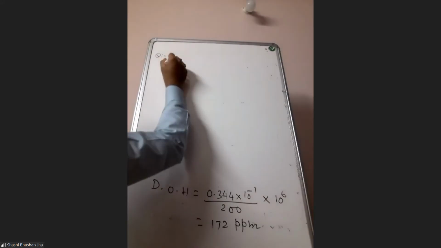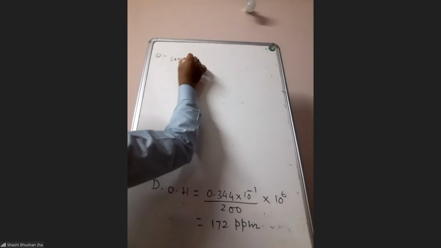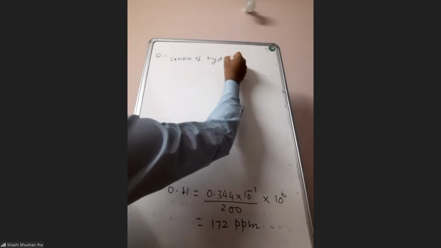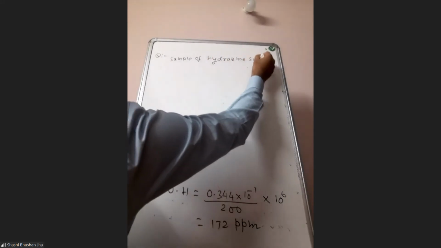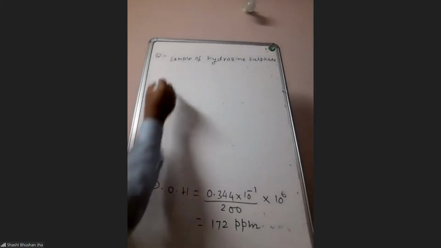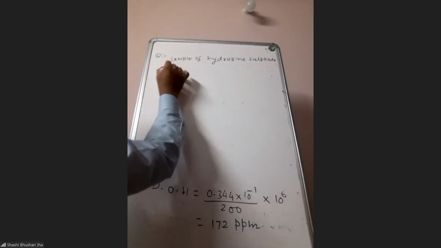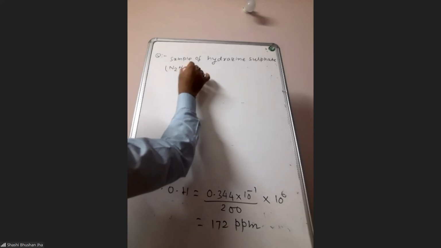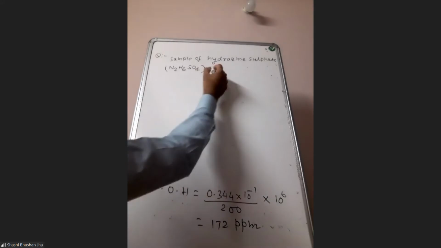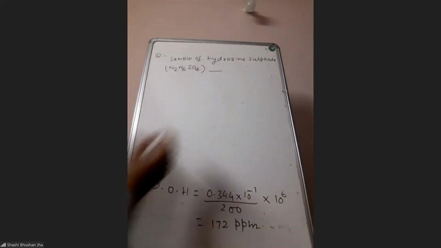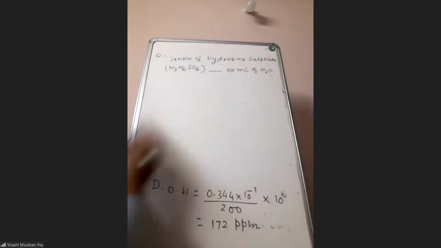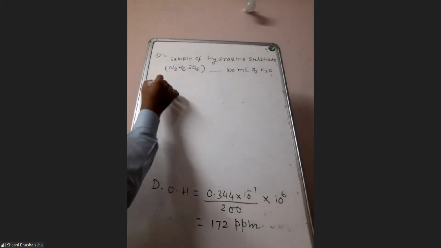A sample of hydrogen sulfate, formula is given, N2H6SO4, was dissolved in 100 milliliter of water.